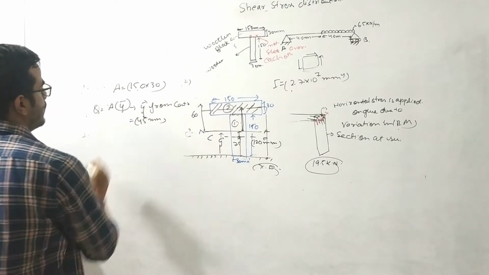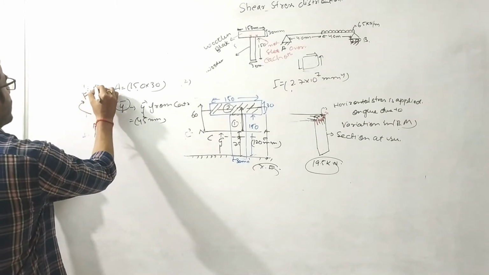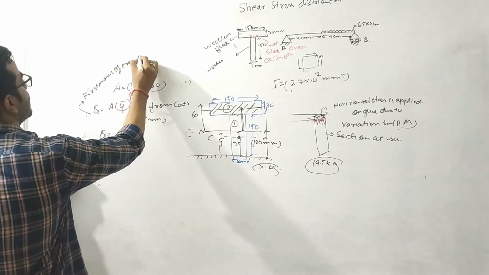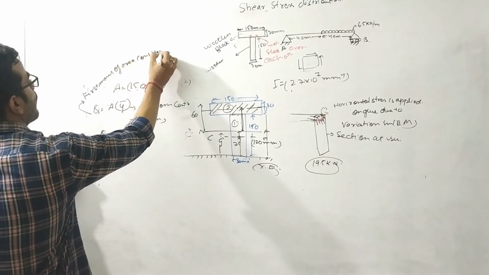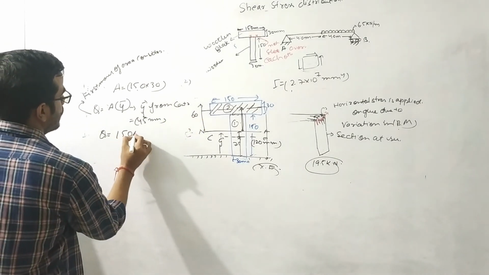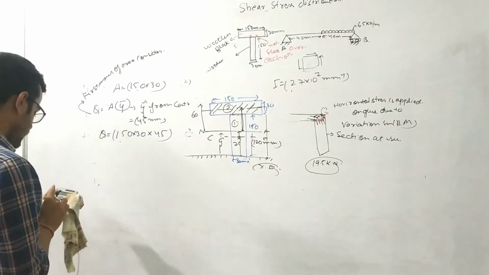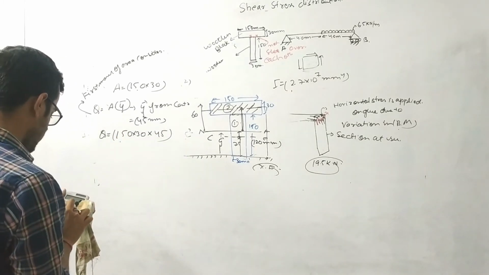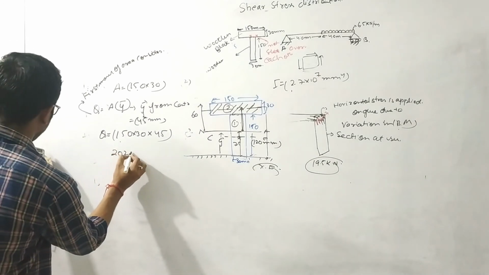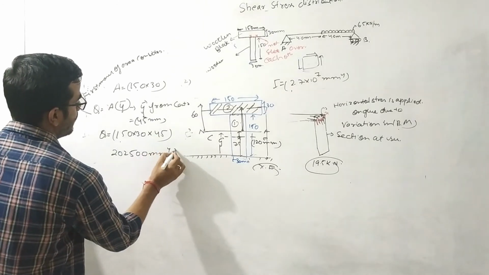So Q is our first moment of area. Q equals 150 into 30 into 45, which comes out to be 202500, and the unit will be mm cube.